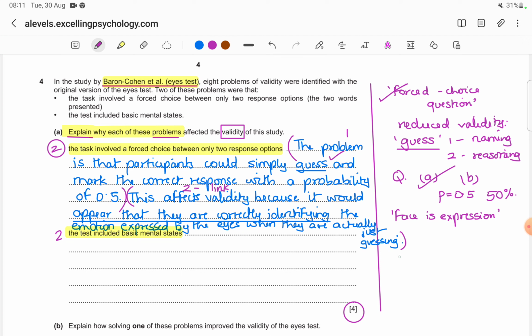Basic emotions as in anger, sorrow or sadness, happiness. So participants just had to identify these types of emotions in the photographs. What is the problem with these? It becomes too simple to identify these types of emotions.